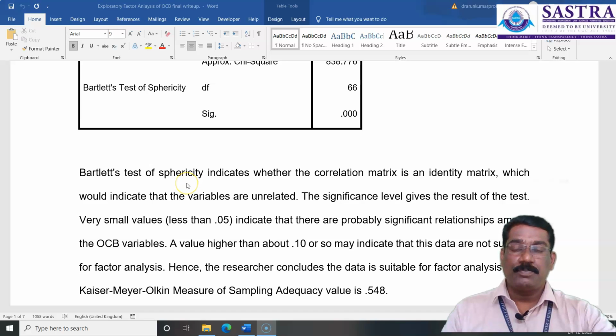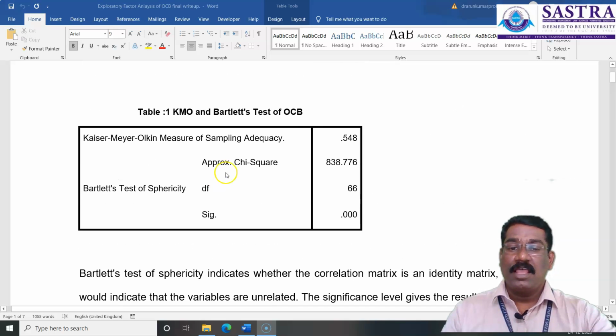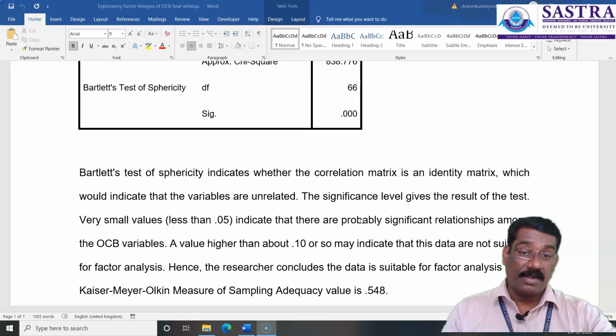Bartlett's test of sphericity indicates whether the correlation matrix is an identity matrix or not. If you look at that, yes, it is significant. We can conclude, otherwise, that the variables are unrelated.